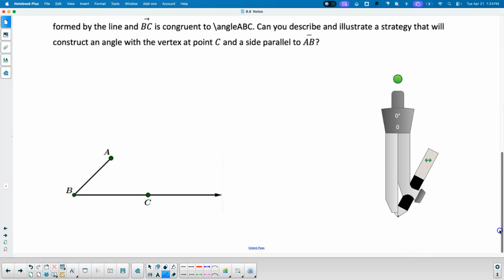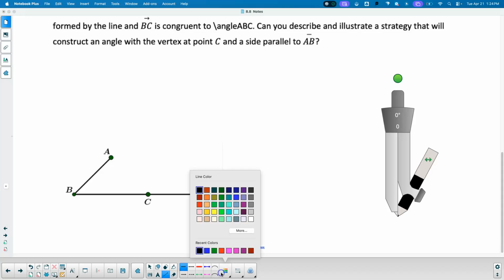Now, the last construction that we have, and this is on the last page, I believe, is we want to construct a parallel line through point C parallel to AB.